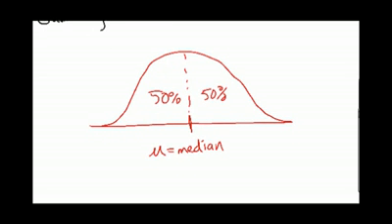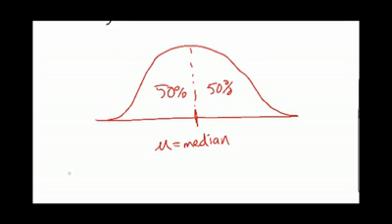Now, this applies for everything from height. There are going to be some people that are tall, some people that are short, and most people are right in the middle. Weight: there are some big people in this world and some really skinny people, and most people are right in the middle.